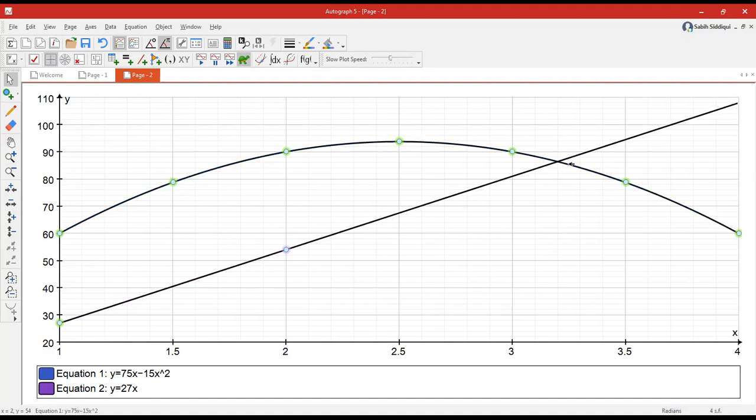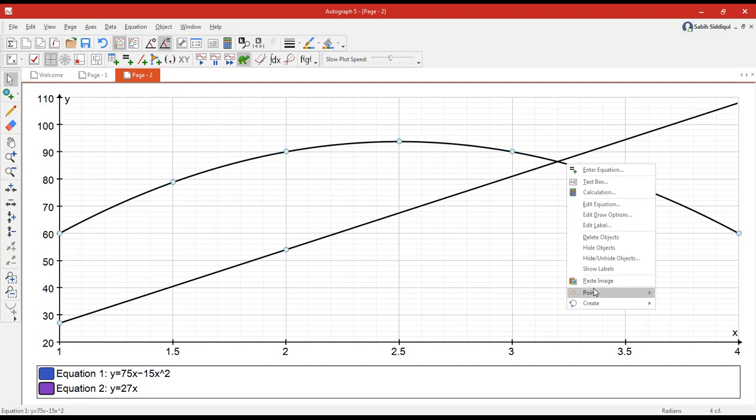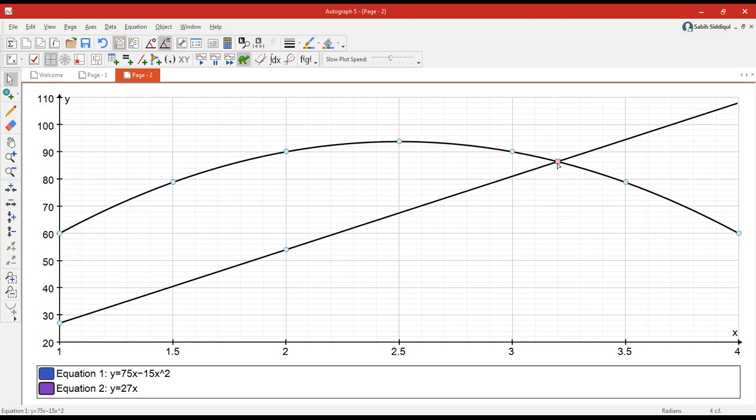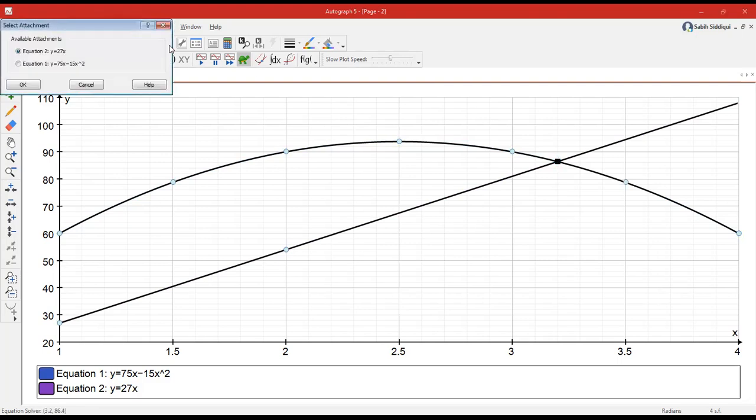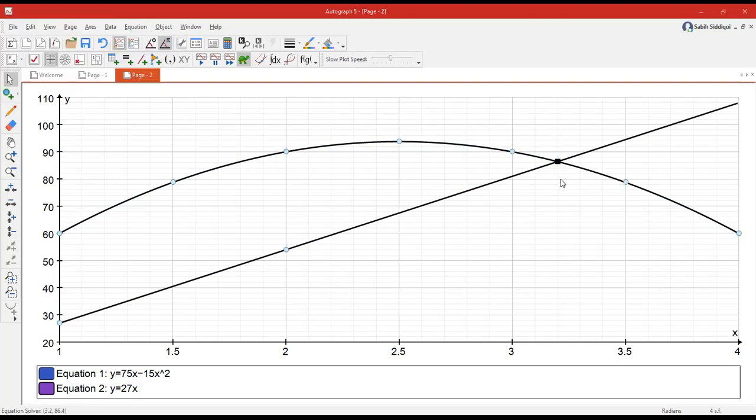And now we need to figure out when do these intersect. So this is the point where they intersect.